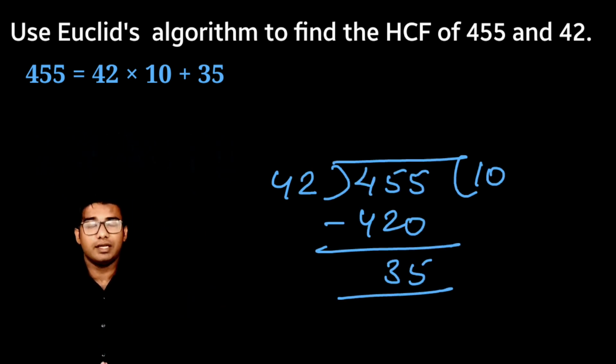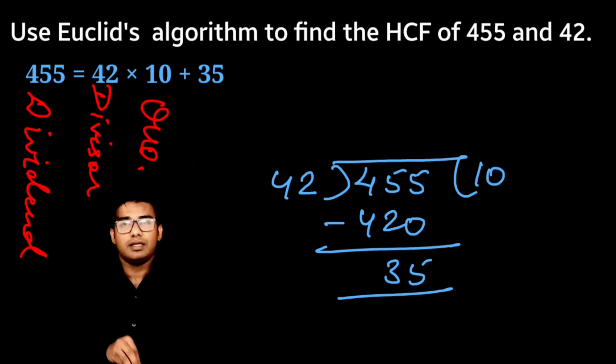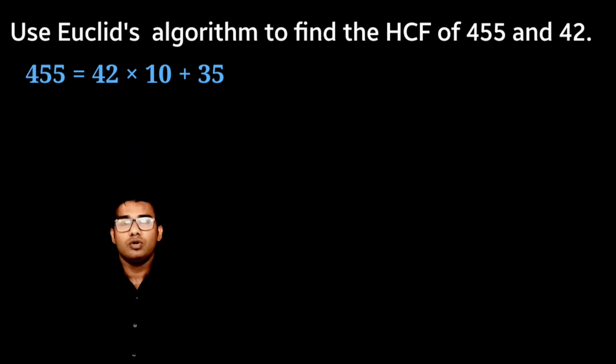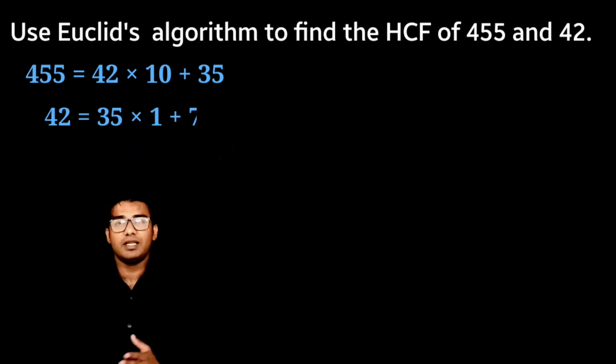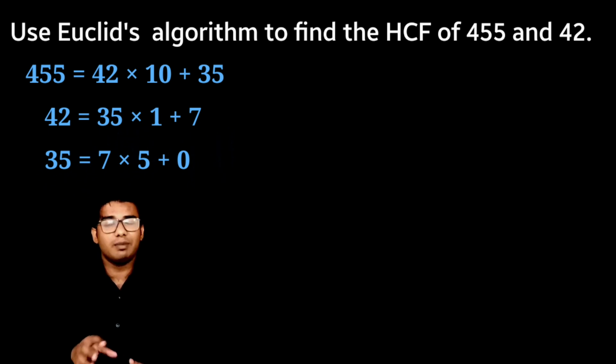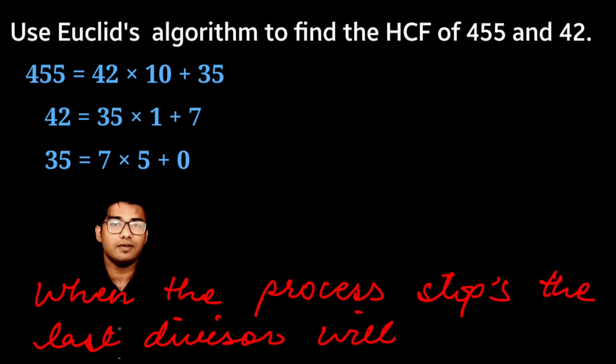Here 455 is the dividend, 42 is the divisor, 10 is the quotient and 35 is the remainder. Again we take 42, which we can write as 35 multiplied by 1 plus 7. Similarly 35 equals 7 multiplied by 5 plus 0. So the remainder is 0, the process stops. So we can say that HCF is 7.